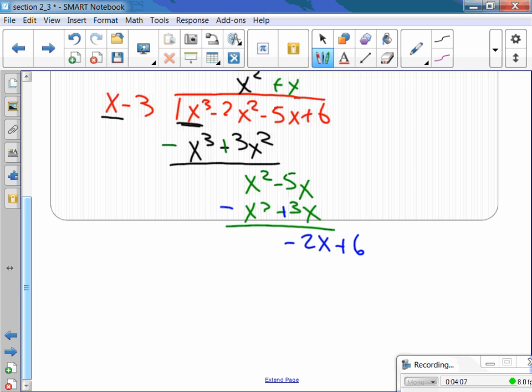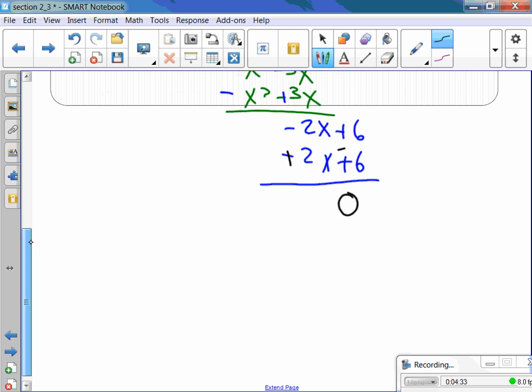How do I get x to look like minus 2x? So negative 2 times my x minus 3. Once I subtract again, I just change the signs and come up with that remainder of 0. Right?